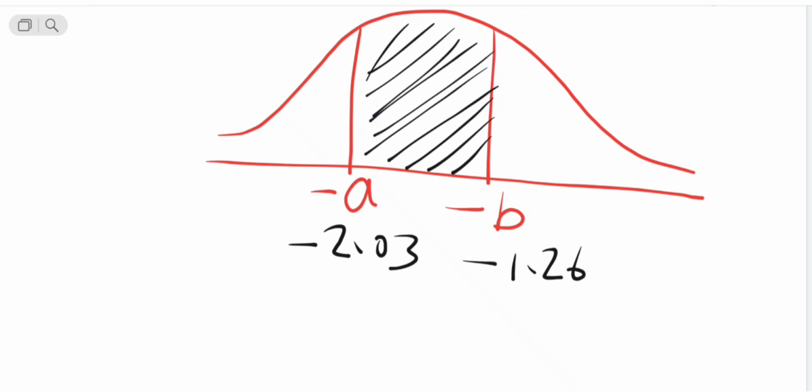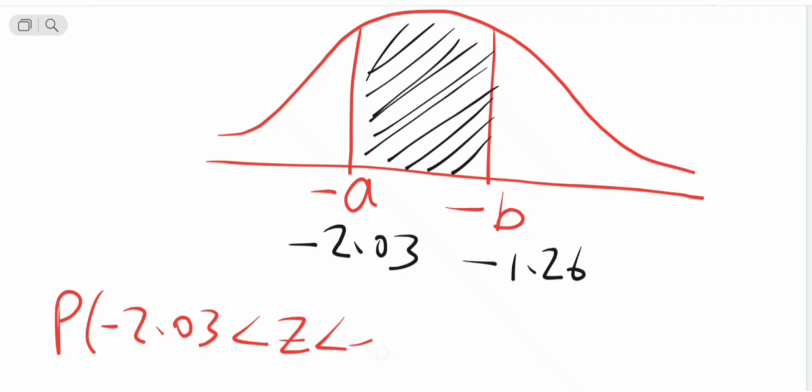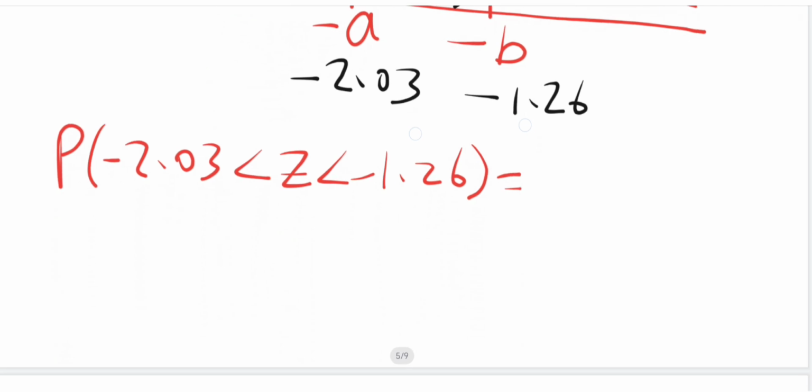As I told you, they can ask the question like this, or they can ask the probability, the smaller one, minus 2.03 less than z less than minus 1.26. So the same method we will apply: you will find the probability of the bigger one first.